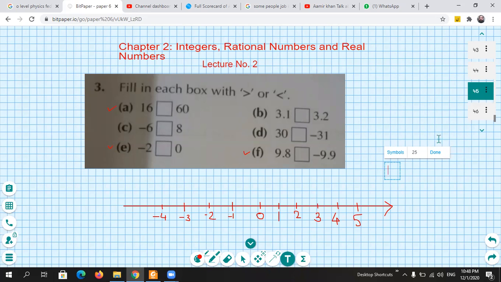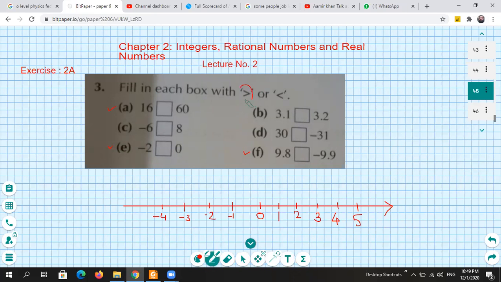So this is question number 3 of exercise 2a. The statement is fill in the blanks with greater than or less than signs. So basically we have two signs.